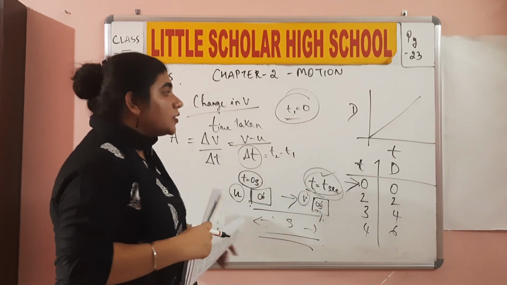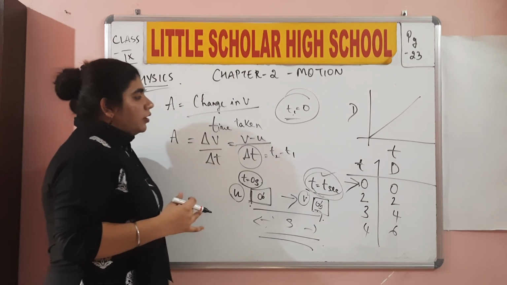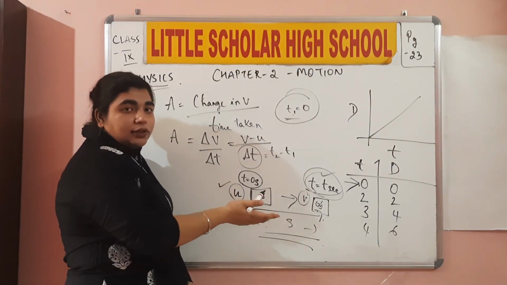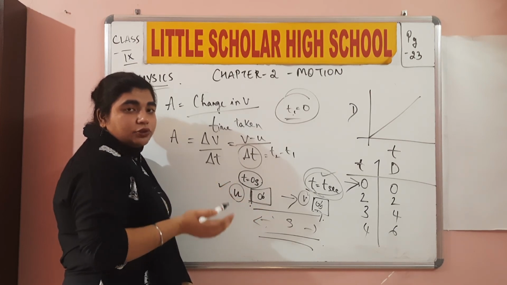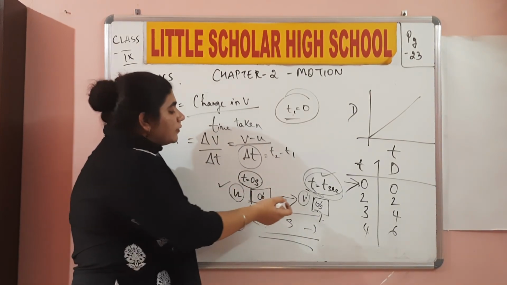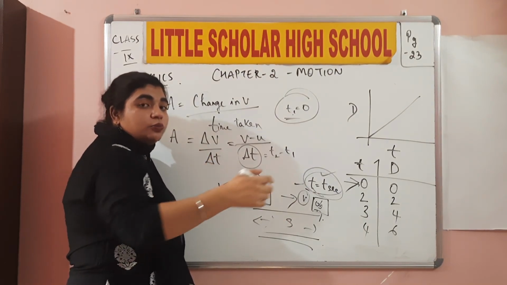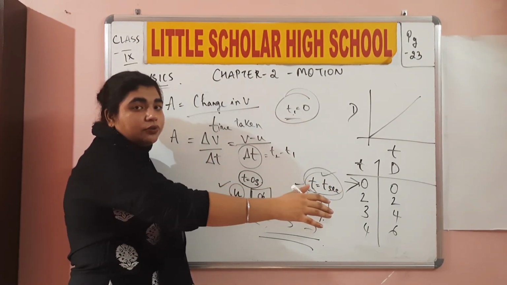Did you understand this? So what do we have in our question over here? We have the initial velocity, that is the start velocity of the body, the velocity at which the body started moving. The final velocity, the velocity with which the body was moving when reaching the destination. Do you understand?